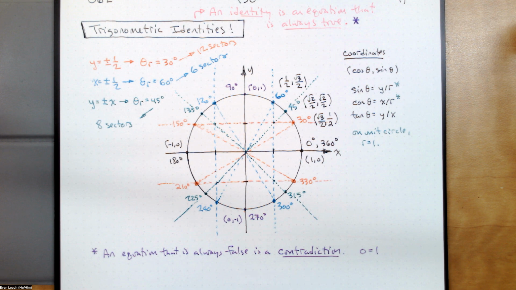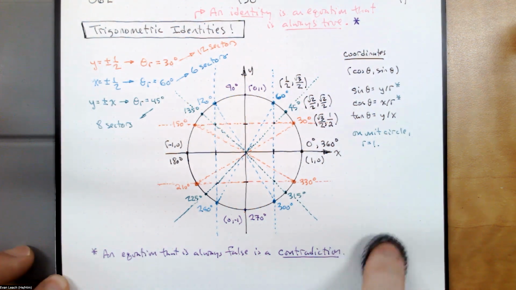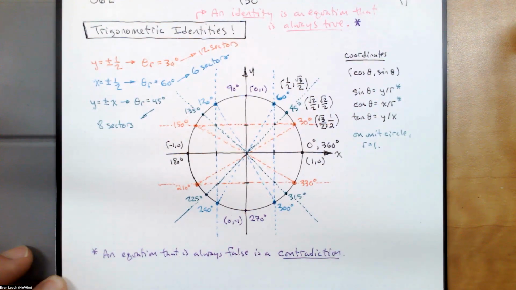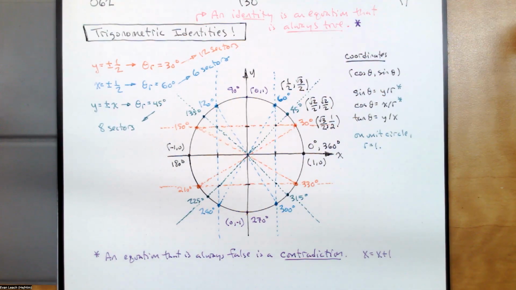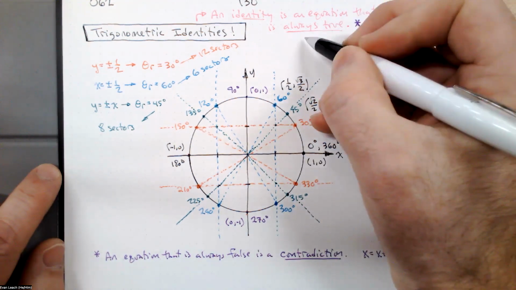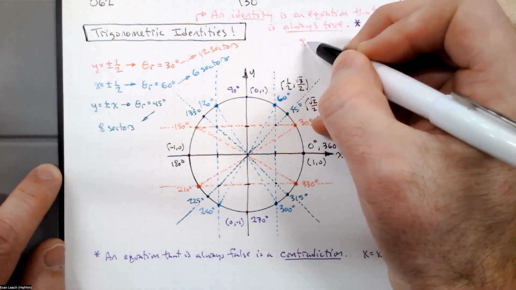Better yet, something with a variable in it. x is never equal to x plus 1. An equation that's always true would be something like x equals x.